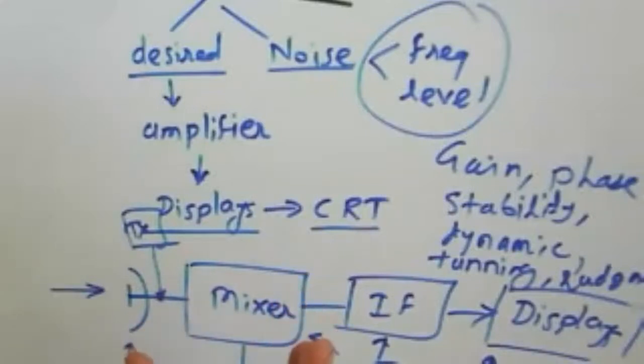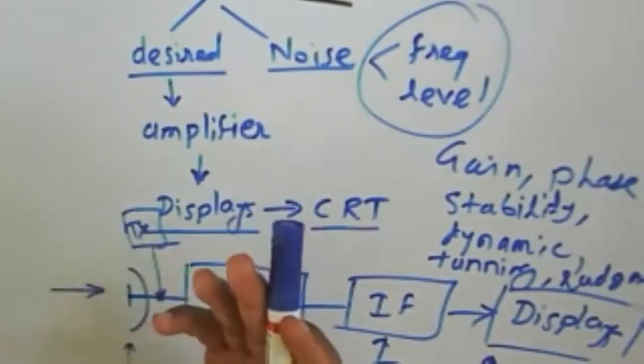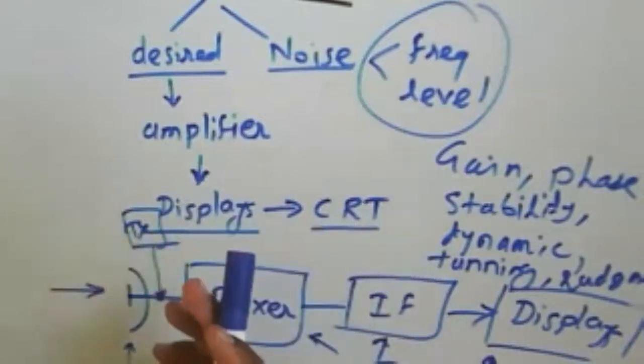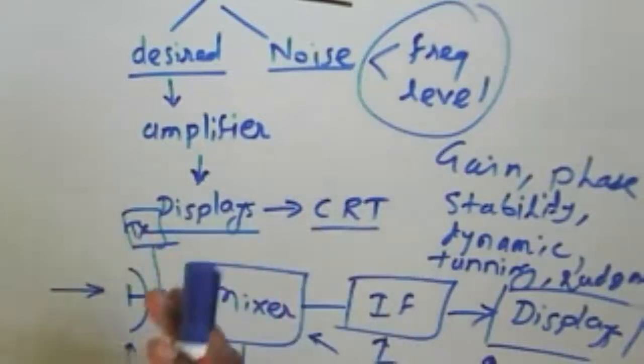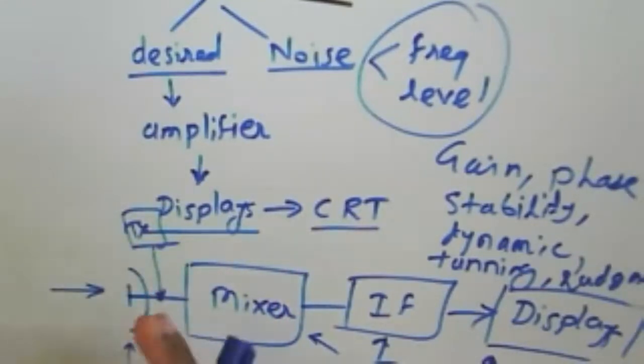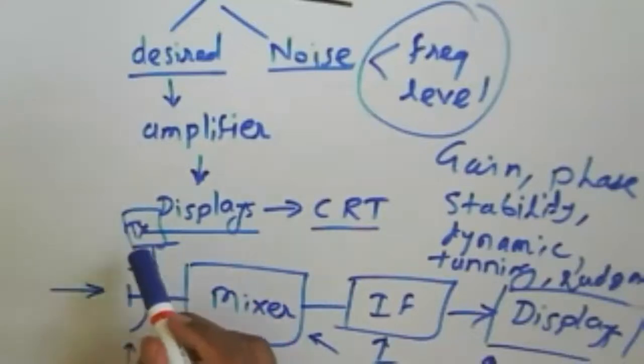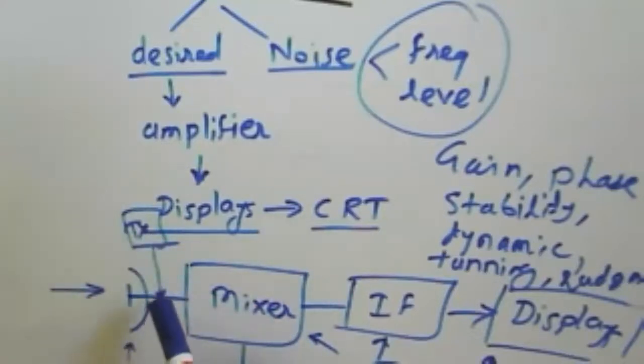So we use a switch here, or we can use a duplexer or a circulator, so that the transmitter signal will not reach the receiver, or the receiver signal will not reach the transmitter, because the high pulse signal generated from the transmitter will damage the receiver. So that's why we need to use a switch here.